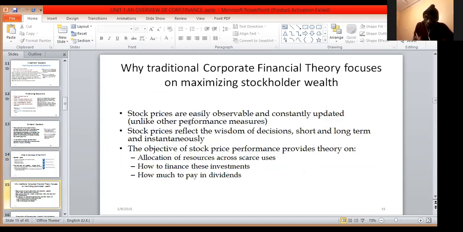Okay. Now, this traditional corporate financial theory for maximizing stock share is very easy for people to understand. Shareholder wealth maximization is very easy to observe.